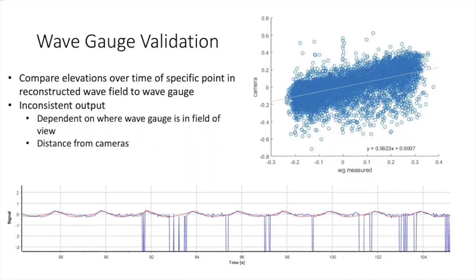At the bottom of the screen, you can see the red line is the data from the wire wave gauge and the blue line is the data from the stereo reconstruction. And the stereo reconstruction is a little bit noisy and not consistent with what the wire wave gauge was measuring. It was also pretty dependent on where the wave gauge actually was lying in the field of view of the cameras, and the distance from the cameras seemed to affect the accuracy of this data a lot.